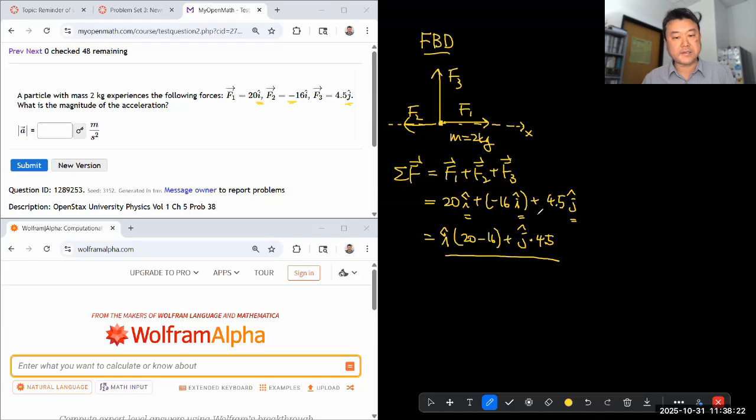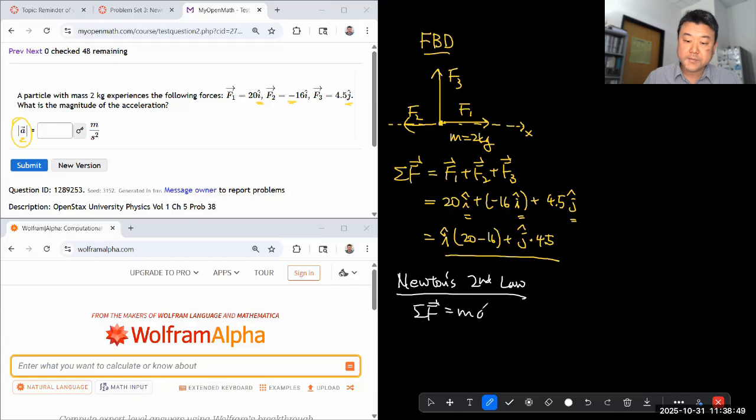Now, if they were asking us for net force in component form, we would put that in. But they're not asking us that. They're actually asking for the acceleration and its magnitude, not the component form. So this is where you have to remember Newton's second law: net force is related to acceleration through mass times acceleration, or solving for acceleration, acceleration is equal to net force divided by m.